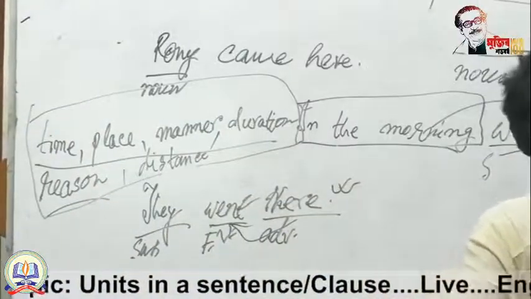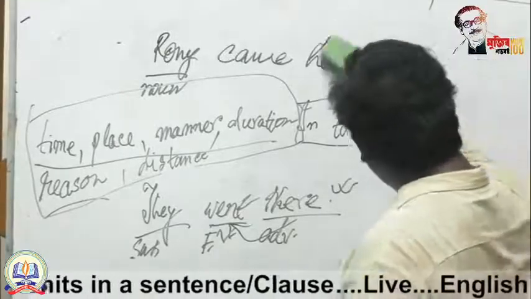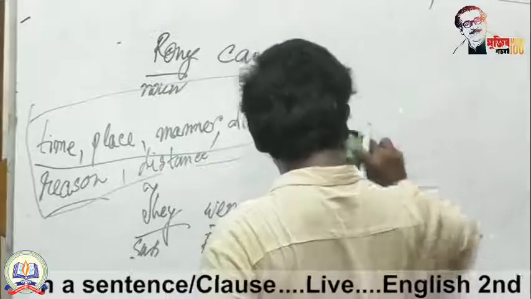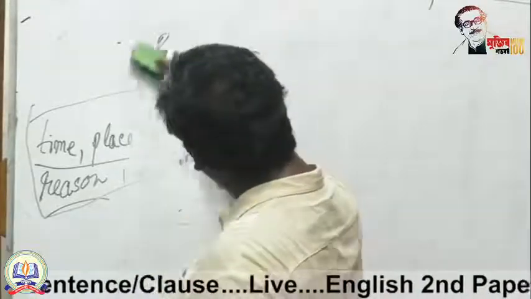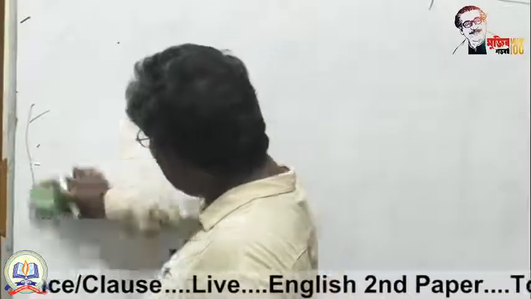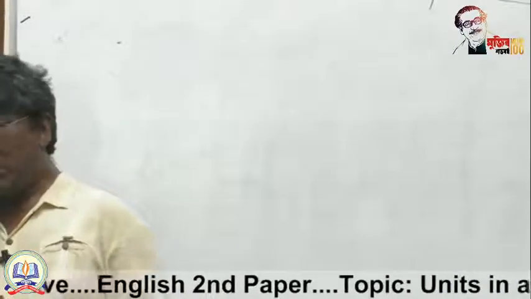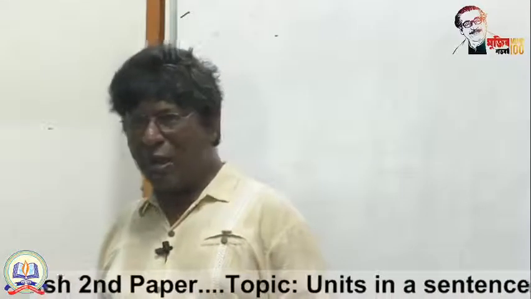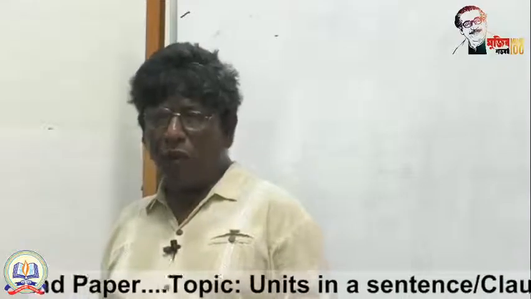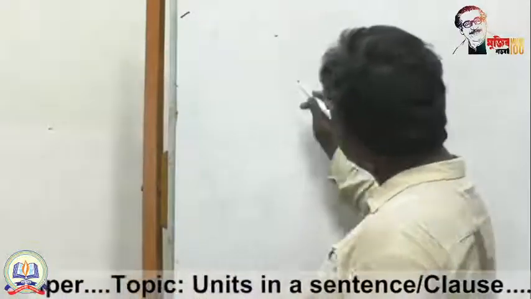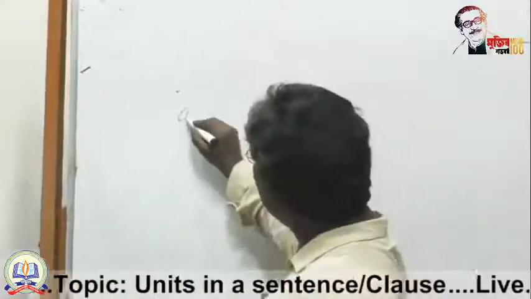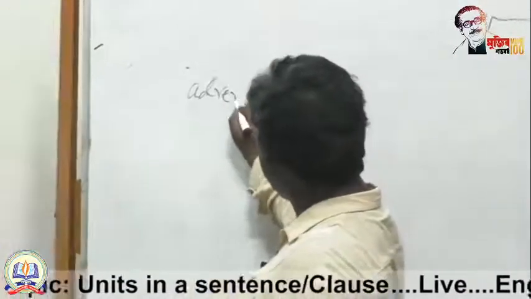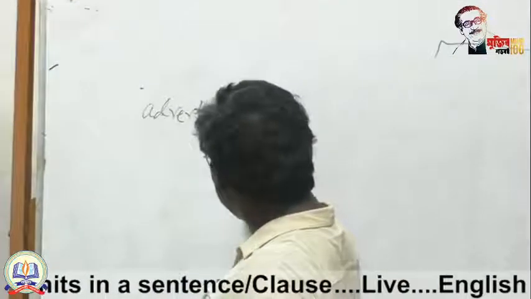When we get the ideas in a single word, we very naturally call it an adverb. And when we get the information about the place, time, manner, reason, distance of the verb in more than one word in the single sentence, we call it an adverb phrase. For your better learning, here I give you the idea how an adverbial phrase is made.